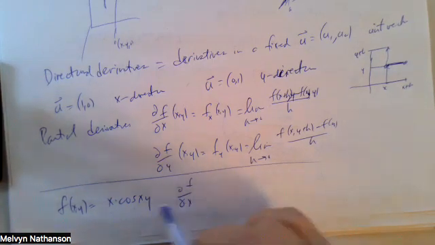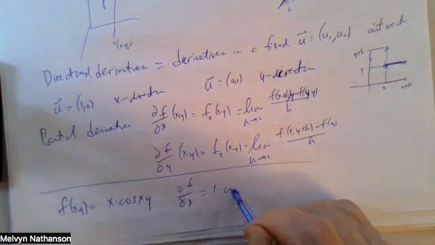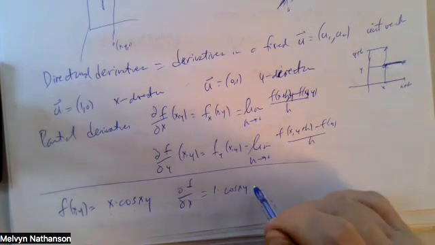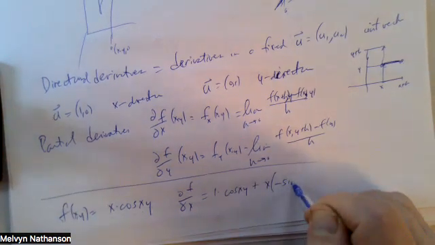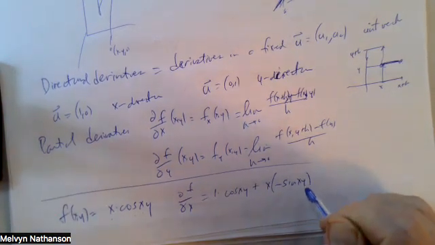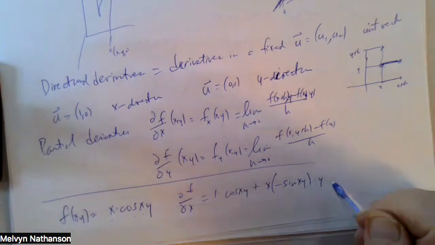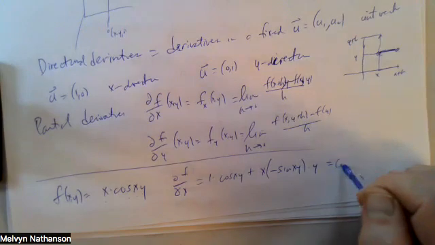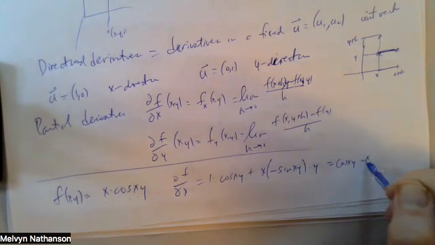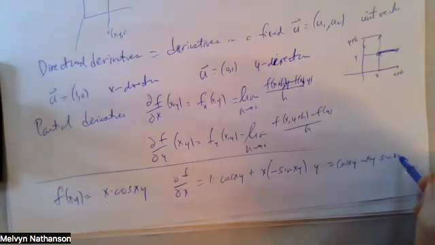This is the derivative of x, which is 1, times the cosine of xy, plus x times the derivative of the cosine of xy, which is minus the sine of xy times y. So you get the partial derivative of f with respect to x is cosine xy minus xy sine of xy.